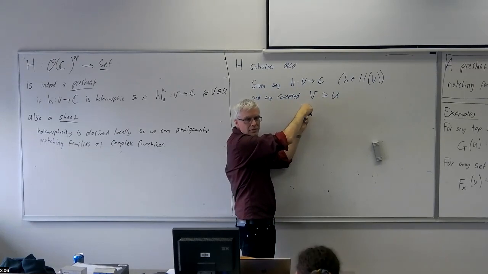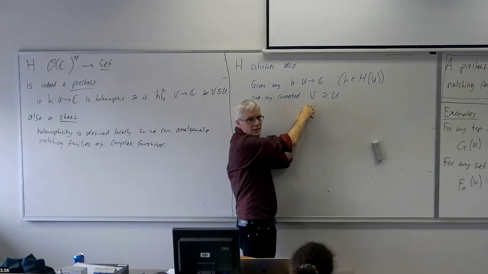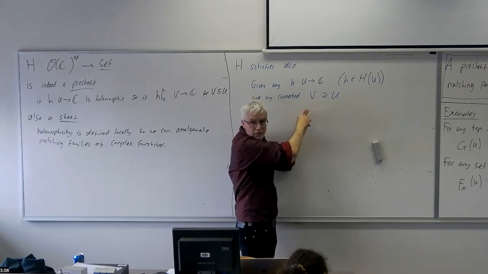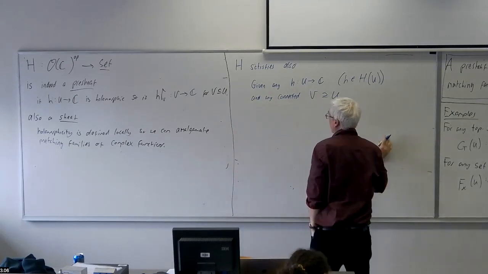You might not be able to extend them at all, but if you can extend it to a larger function that agrees with this one, then you can do so in at most one way.